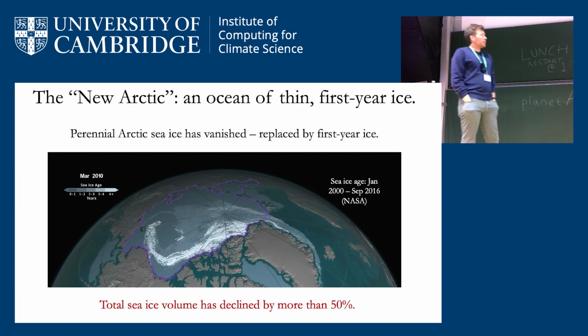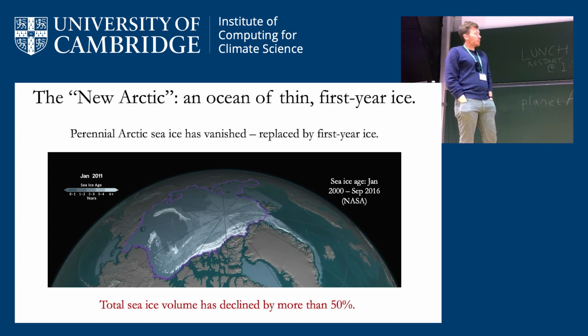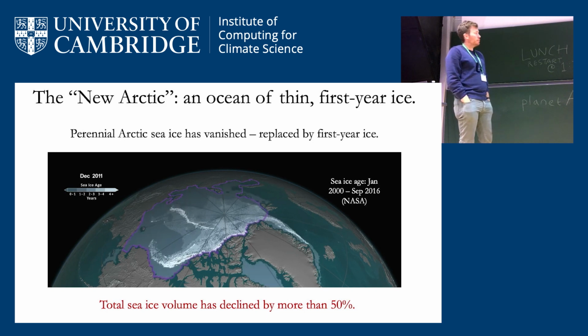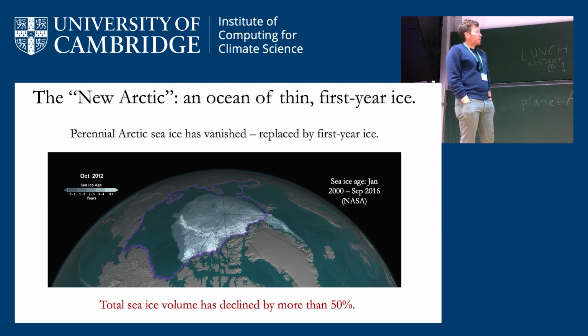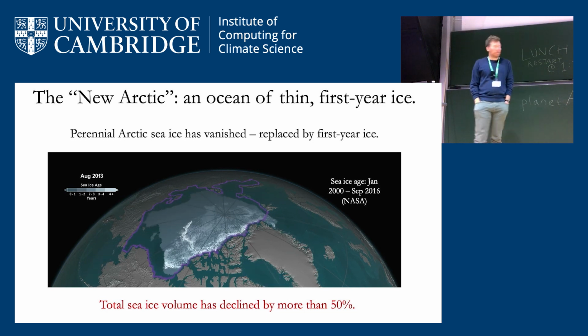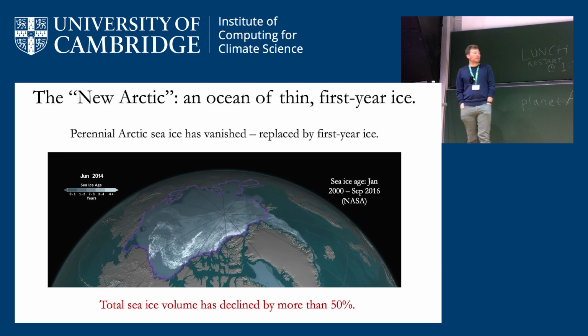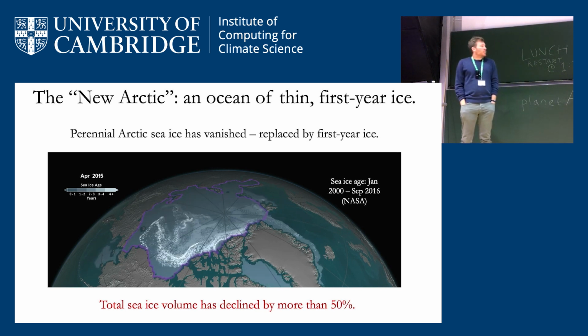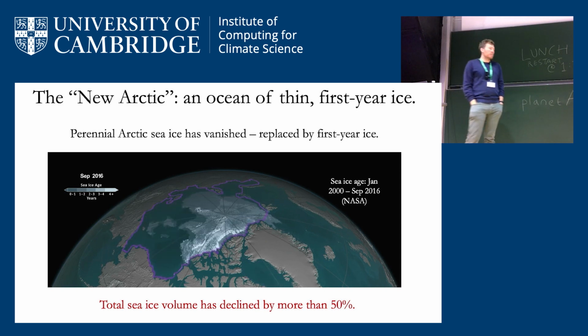In terms of its areal extent, it's declined by about 15% on an annual average since 1978. The thickness and the age of the sea ice, the thickness of the ice, has declined by about 50 or 60%, and there's almost none of this old sea ice left. So ice that grows in the Arctic melts in the subsequent summer, or maybe lasts a full year, and that's about it. So massive declines in the overall mass of sea ice, in addition to its areal coverage.